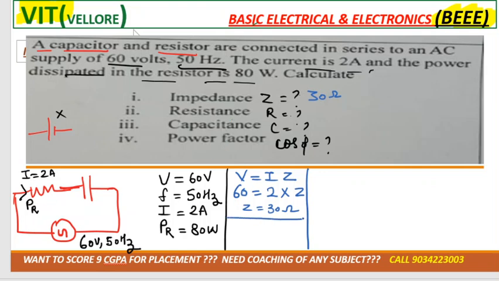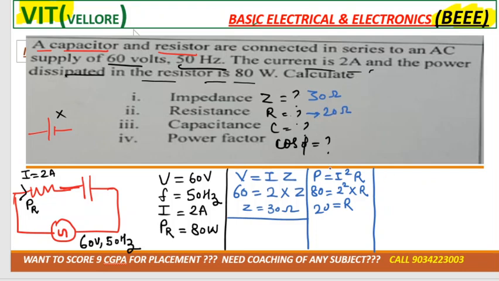They have given you power, and what is the formula for power? P is equal to I square R. Power is given as 80, I is given, R is not given. So 80 by 4. R is how much? 20 ohm. R also we got as 20.